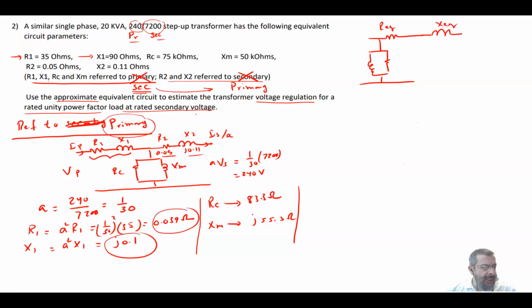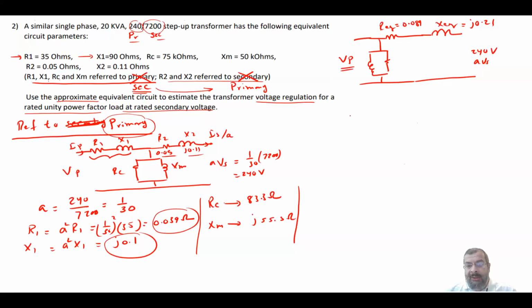Your R equivalent is equal to 0.089 ohm, because I am adding 0.039 plus 0.05, and the X equivalent will be equal to j0.21. And here is the 240 volts, which is the aVs. Now I need to find VP, the primary voltage here.